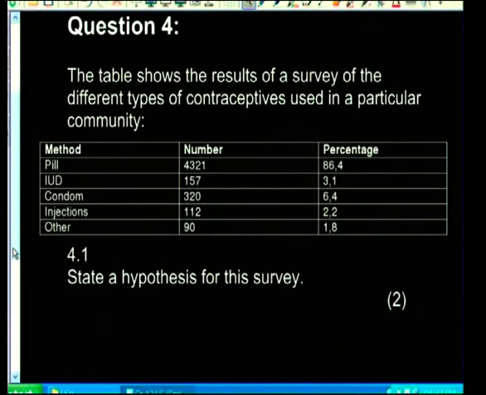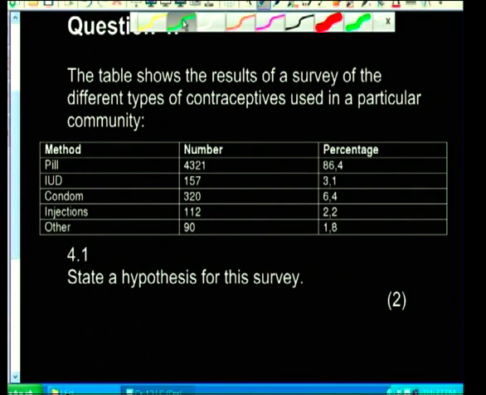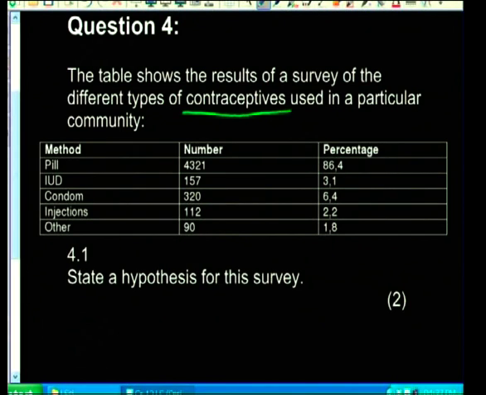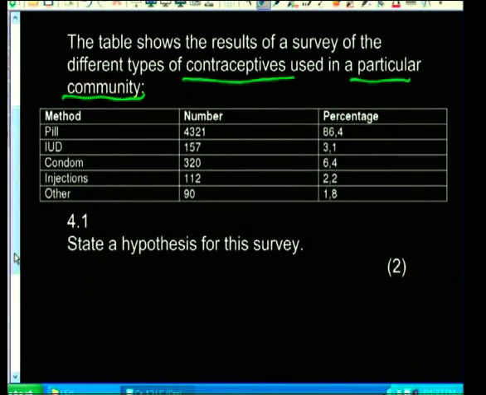Look at question 4 now. A type of question that I like. The table shows the results of a survey of different types of contraceptives used in a particular community. They're showing you the method, the pill, number of people 4,321, percentage 86.4.